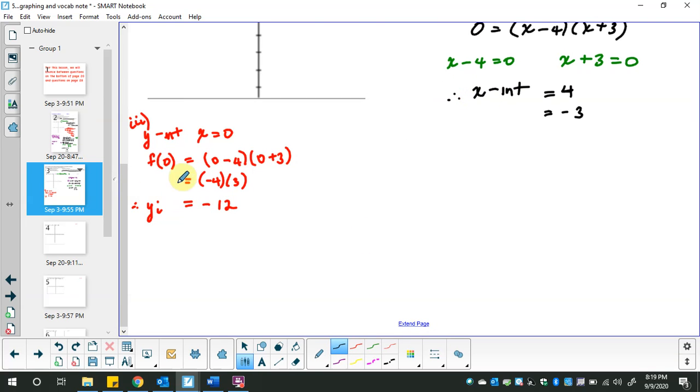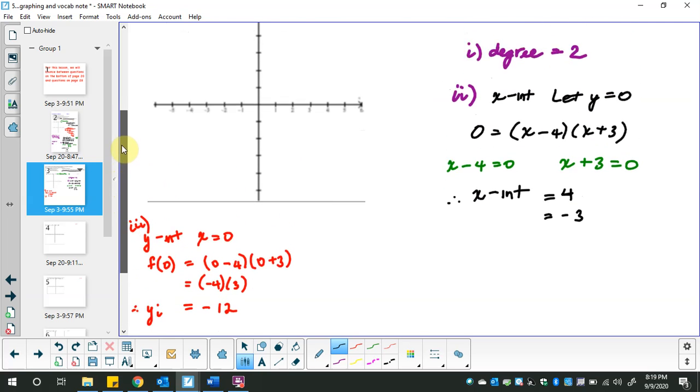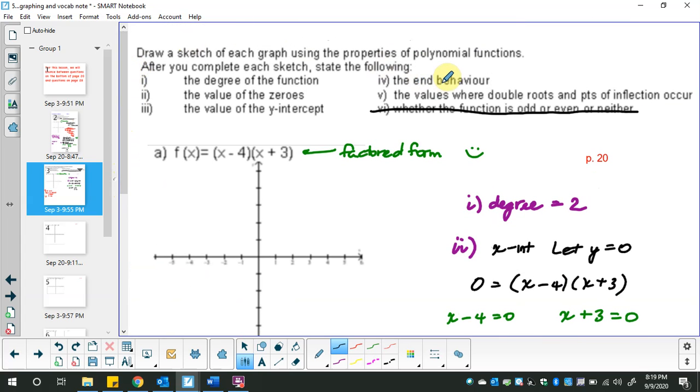And yeah, you really do have to label your work because there's a lot going on here. So as I said, end behavior, not going to worry about that.